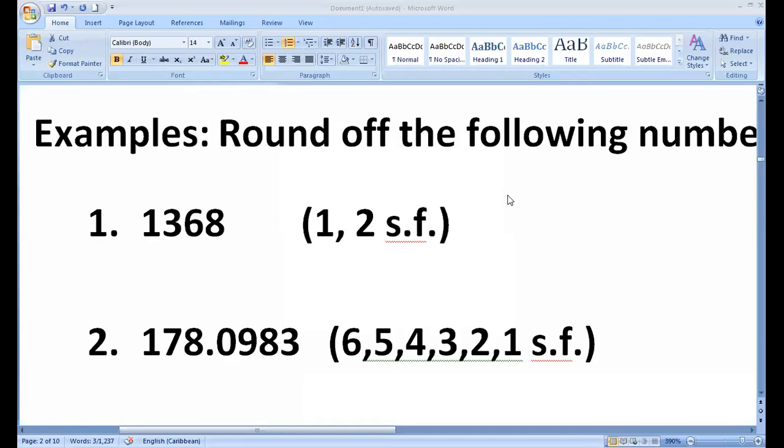Please remember to mute your mic when you're not talking. No, don't post your answers in WhatsApp, please. Post your answers in this chat. All right, let me explain again. I want you to round off this number to 1 significant figure and to 2 significant figures. That's all. And post your answers in the chat.